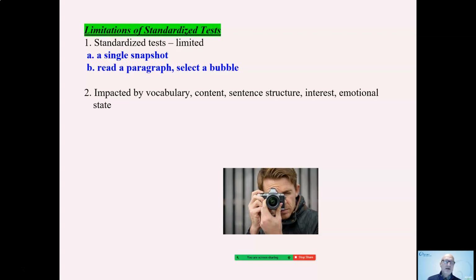Reading a paragraph, comprehension, it's impacted by the vocabulary used, the content, the sentence structure, interest in what you're reading, and students' emotional state. These all impact students' performance on that single snapshot taken in a little instant of time. And as I said before, when you want to get a soil sample, you don't dig up the whole lawn. A more accurate type of assessment for reading would be little snapshots taken over time.